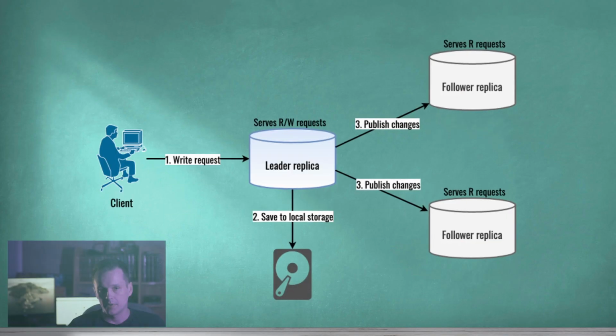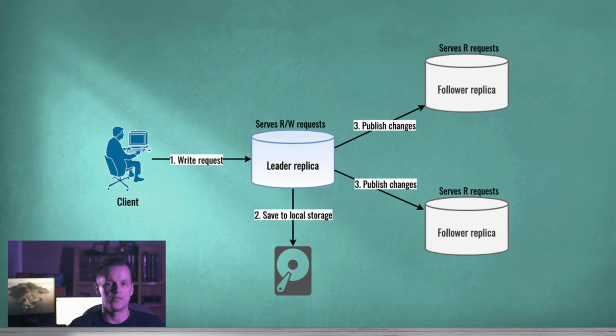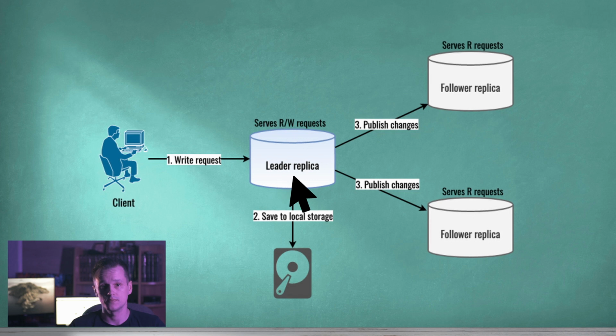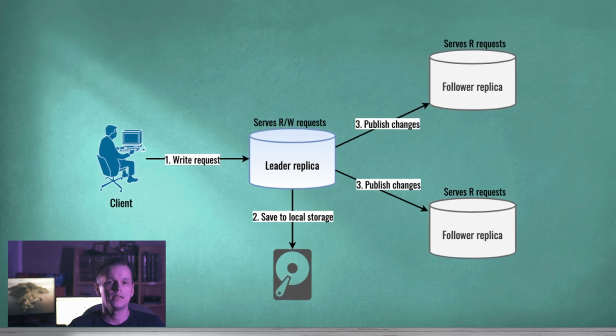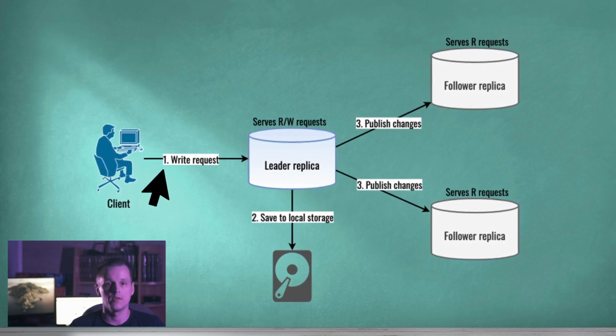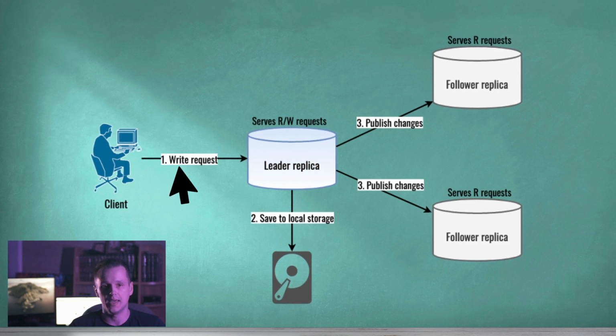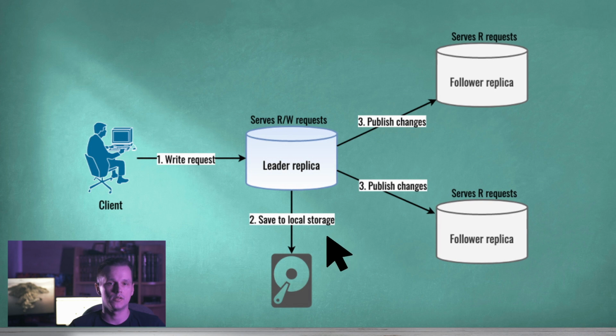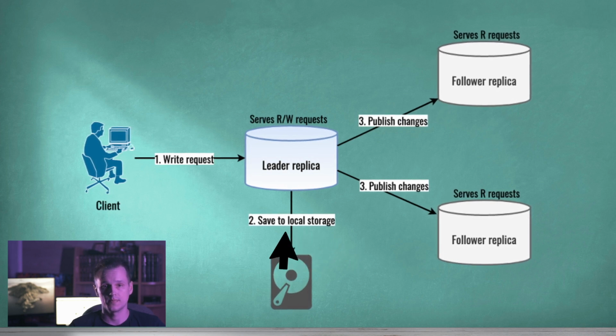The single-leader approach manages write requests in the manner described below. One replica is chosen to act as the leader, sometimes referred to as the master node. Clients should make requests to the leader if they want to write some data to the database, and the leader node will write the new data to its local storage.